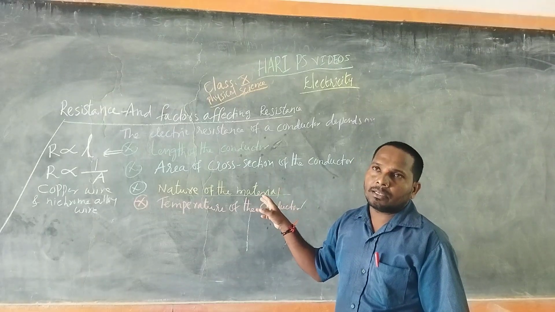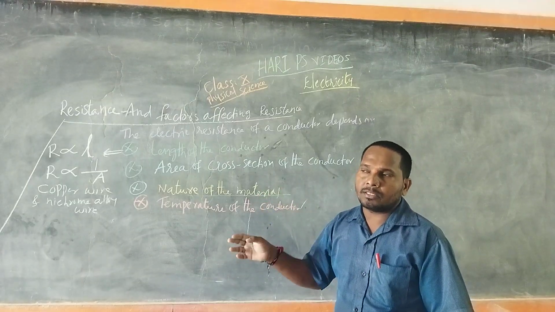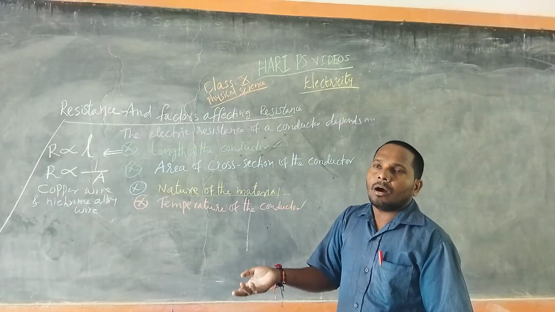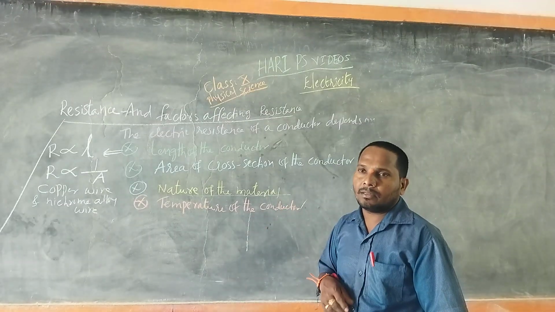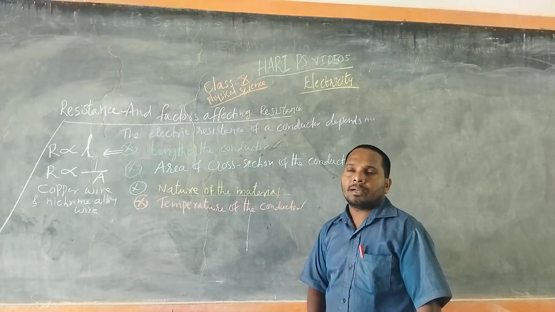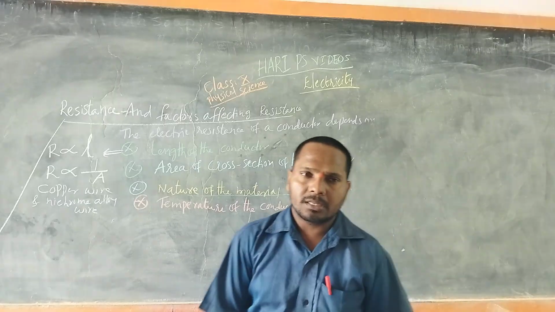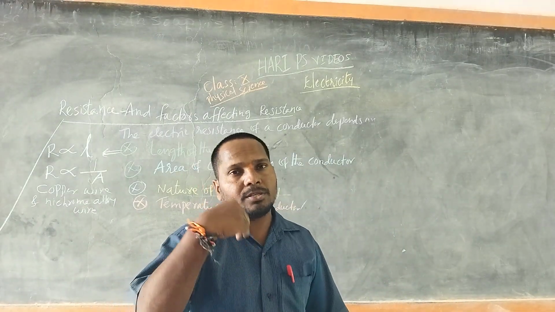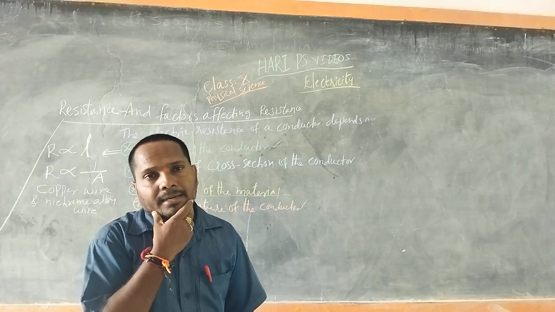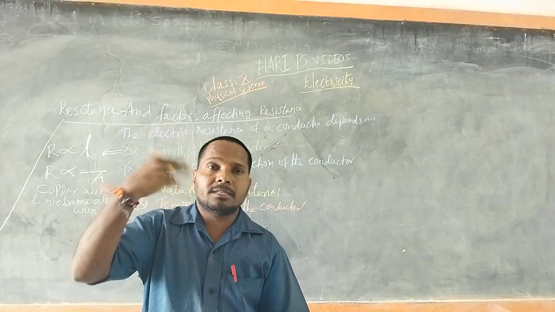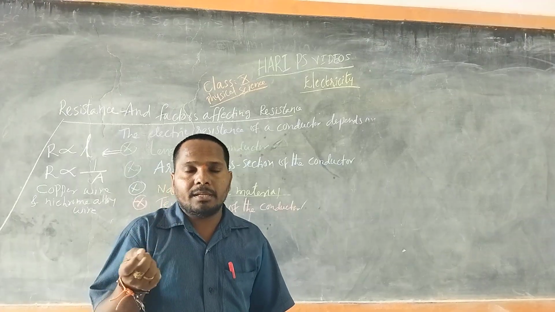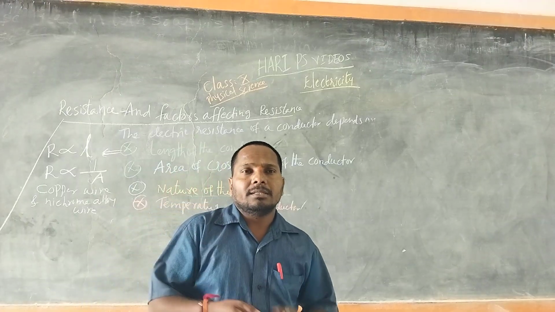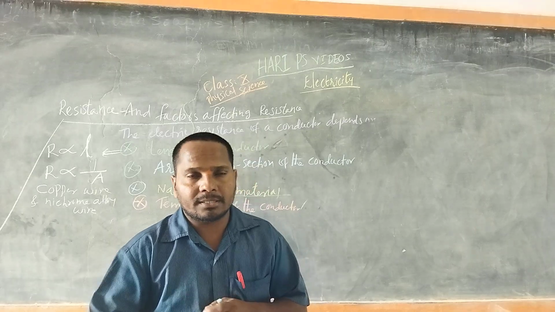Then the nature of the material. The conductor is made up of what type of material? Is it a completely pure metal or an alloy? Similarly, the temperature of the conductor also affects the resistance. Generally, when the temperature of the electric wire increases, its resistance also increases. When the temperature decreases, the resistance also decreases.